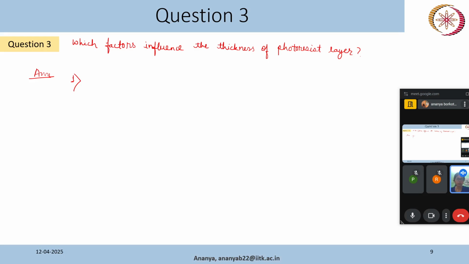And if it's a very thick photoresist, it will not spread out that easily and the thickness will also be very high. So that is the most important factor that decides the photoresist thickness. Okay. So viscosity of photoresist.